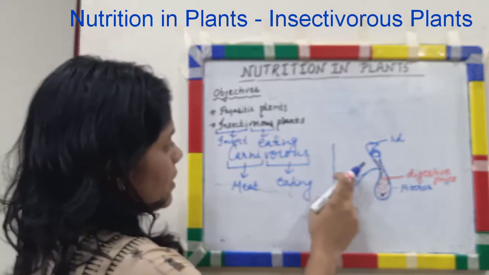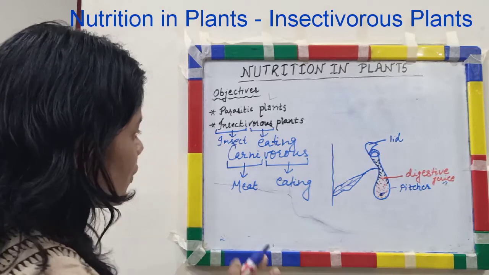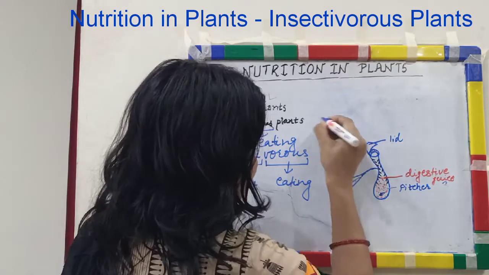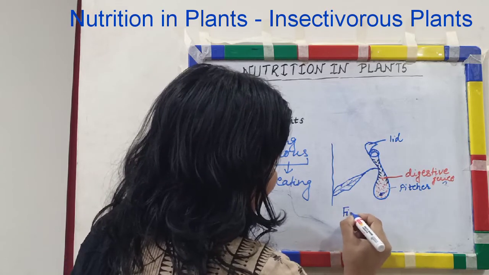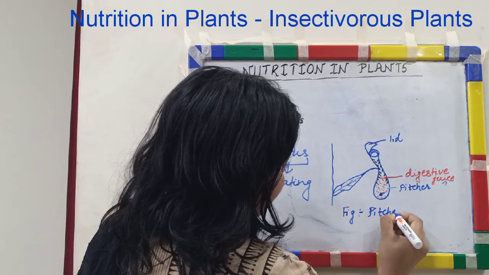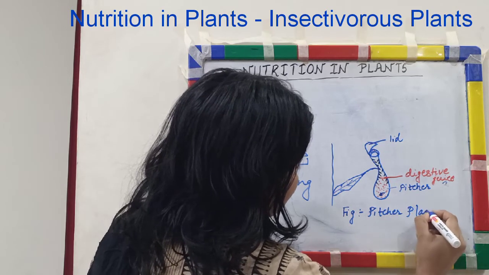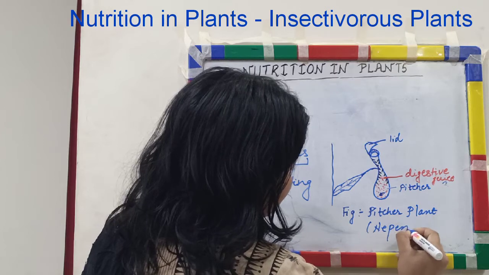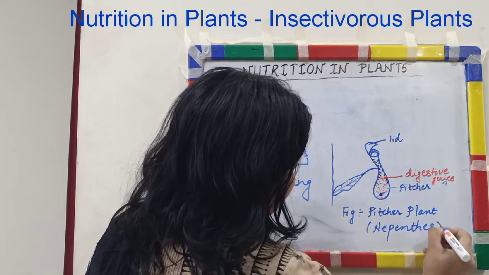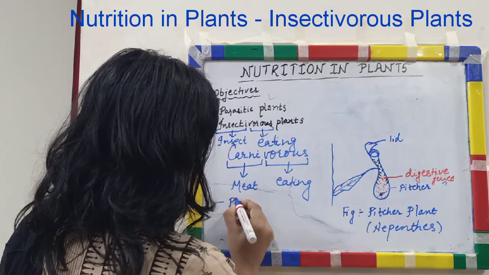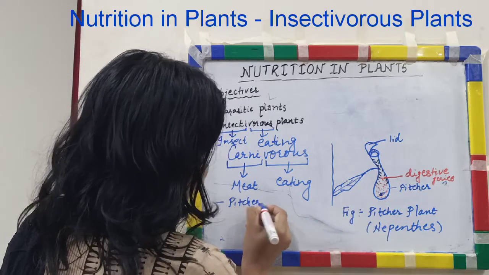So this topic is clear to you. What is the example of an insectivorous plant? It is the figure of a pitcher plant, Nepenthes. What is this pitcher? Pitcher is the modified leaf.